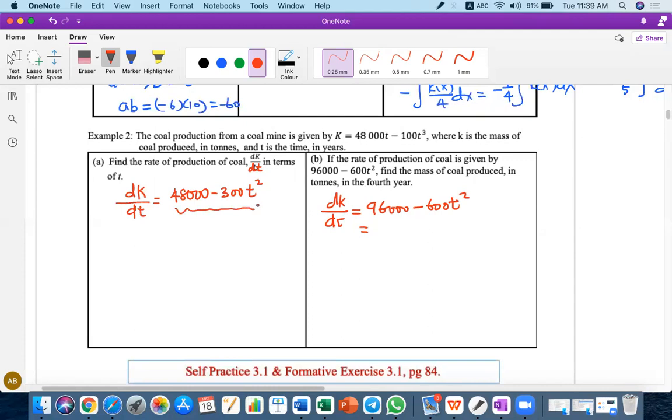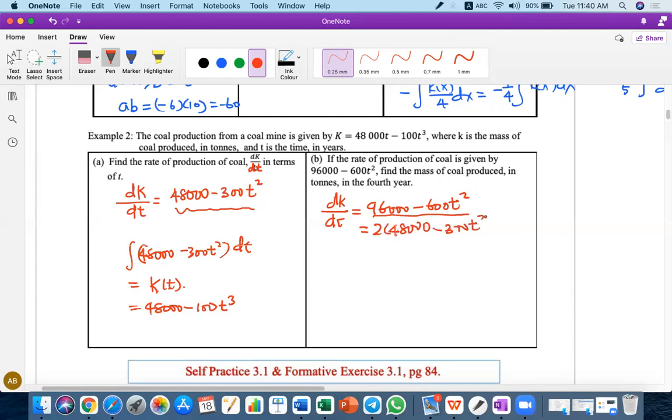If we integrate 48,000 minus 300 t squared dt, you should get back K in terms of t, that is 48,000 t minus 100 t cubed. Now 96,000 minus 600 t squared is equivalent to 2 times (48,000 minus 300 t squared).